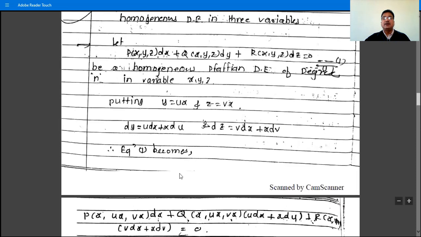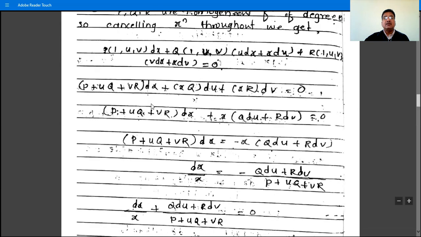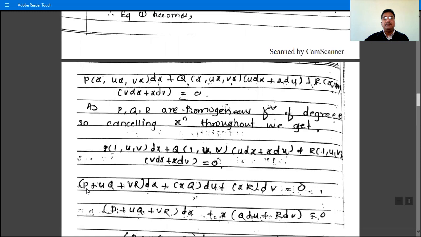So equation 1 becomes in this form. As P, Q, R are homogeneous functions of degree n, we have x raised to n as a common factor in these three. So if you cancel the x raised to n, then what do we have?